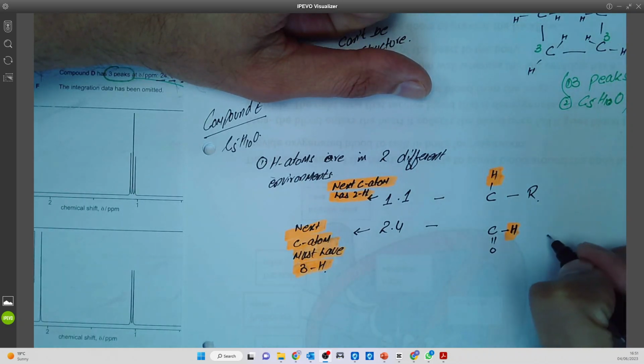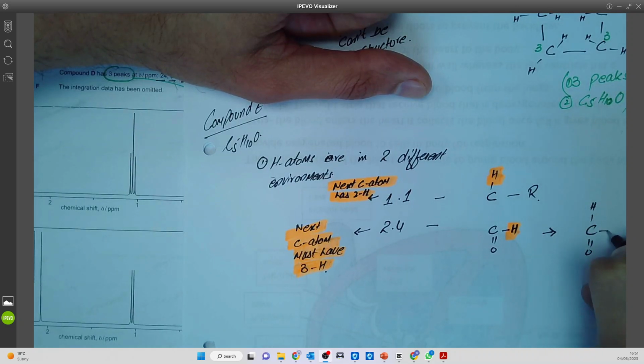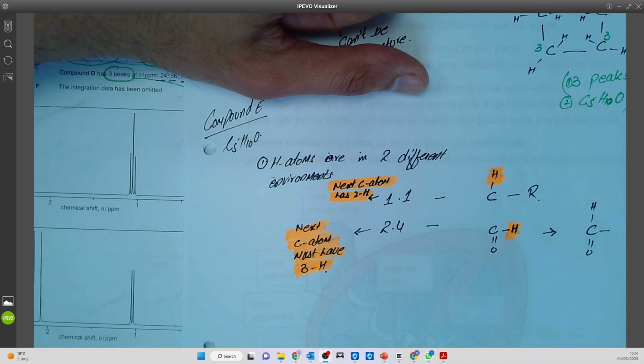So I can modify this section into, what am I doing here?